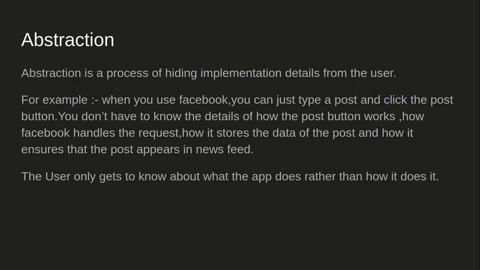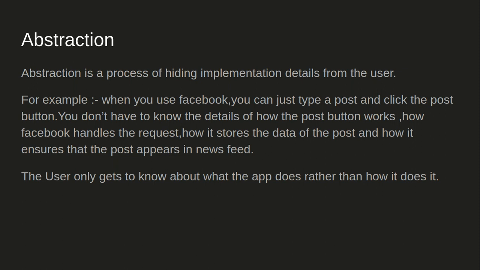So the basic idea of abstraction is that the user only gets to know what the application provides, and doesn't have to know how it provides it. This applies to devices, but also when you are creating code. Let's say you are writing part of a code in your project and that part of the code is being used by some other part of the code.